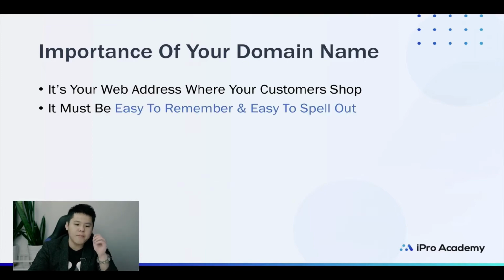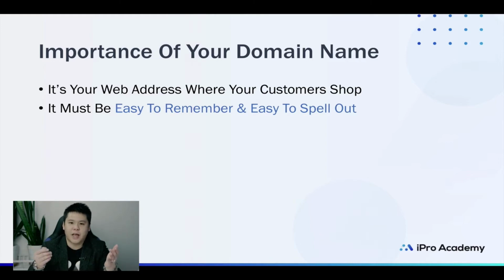Now, your domain must be easy to remember and easy to spell. So don't use words that people don't easily remember, or any made-up words, or most importantly, don't use words that really make a conflict. Here's a perfect example. There, right?